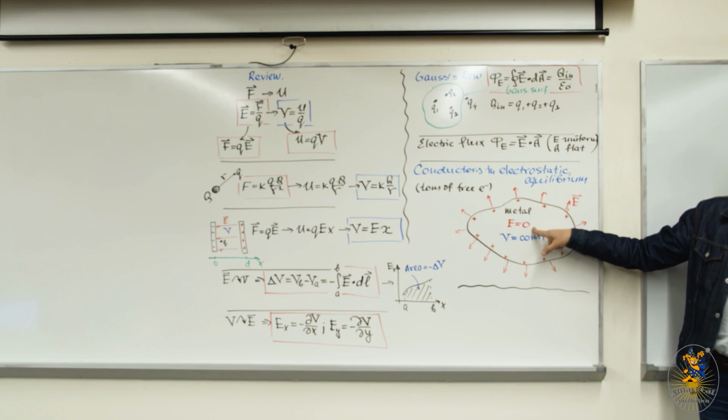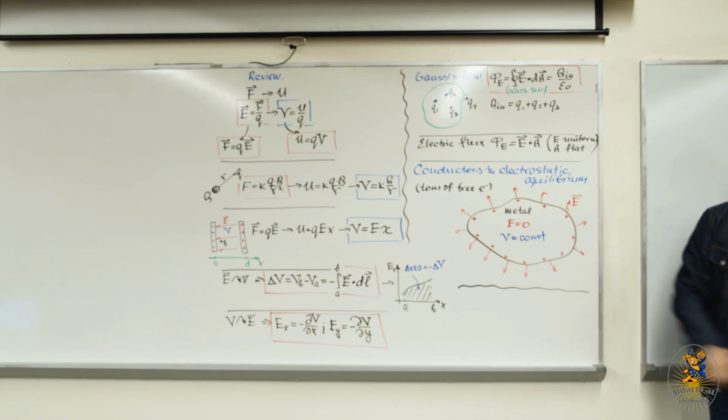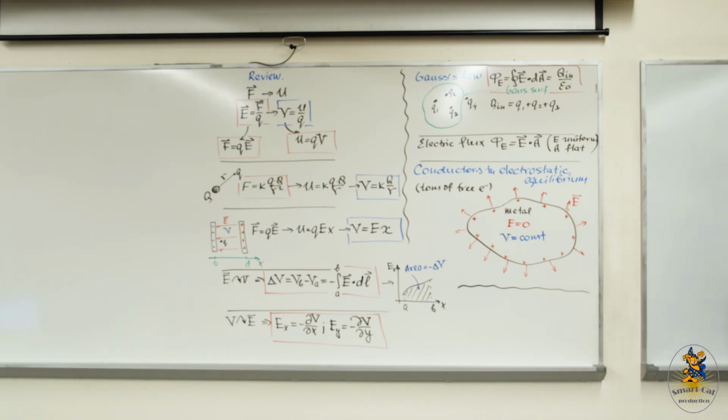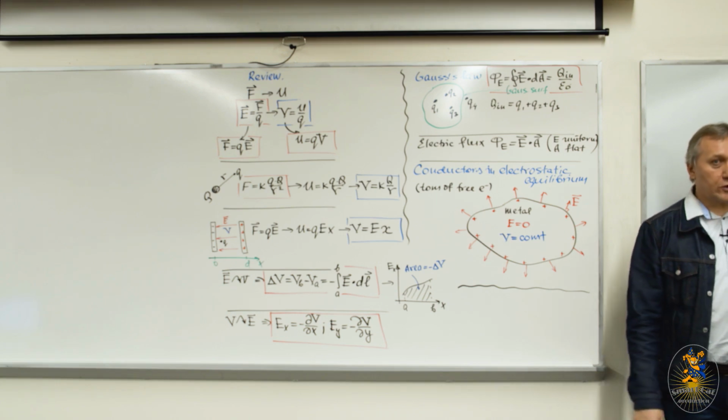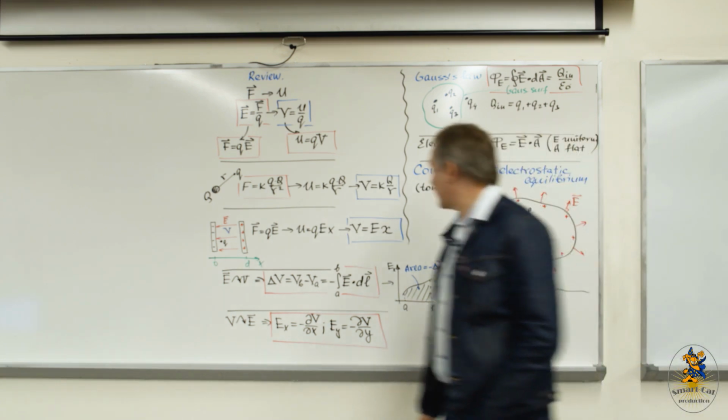Otherwise, electrons will never stop running, they will keep running and running to make the net electric field inside zero. So then, if there is any excess charge on the conductor, that excess charge must reside on the external surface of this conductor. Right.